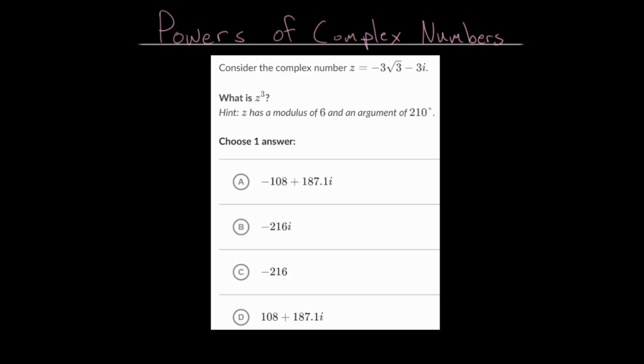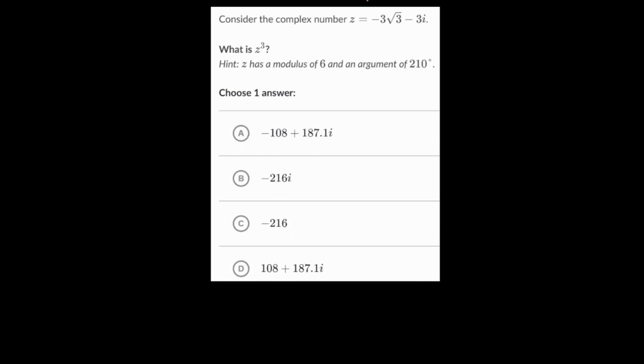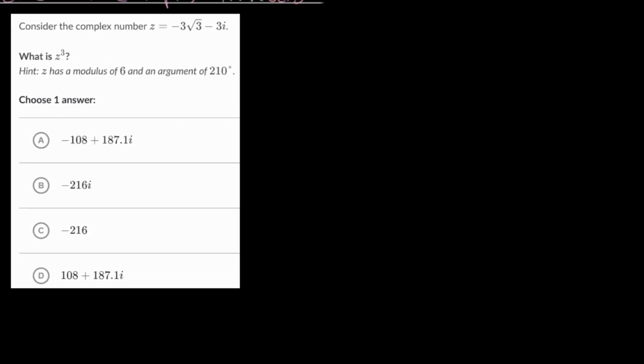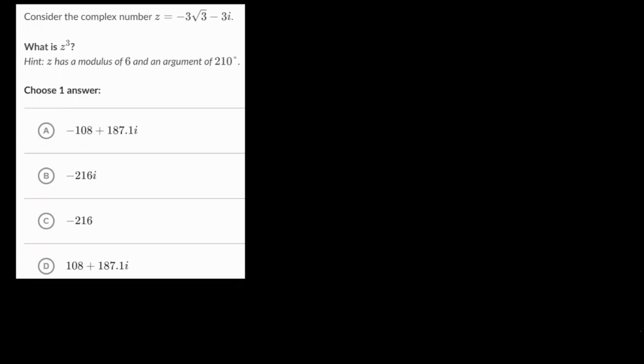In this video, I'd like to continue talking about powers of complex numbers by looking at specific example problems. In a previous video, we derived a formula for taking a complex number z and raising it to some exponent, which we can call n.